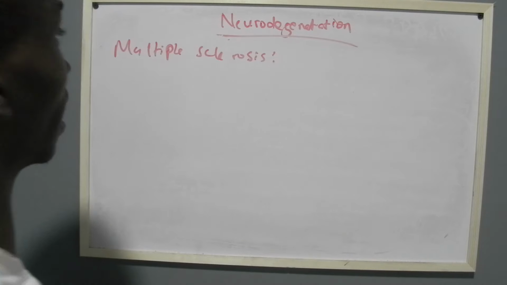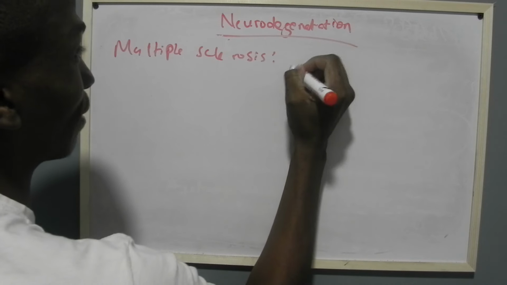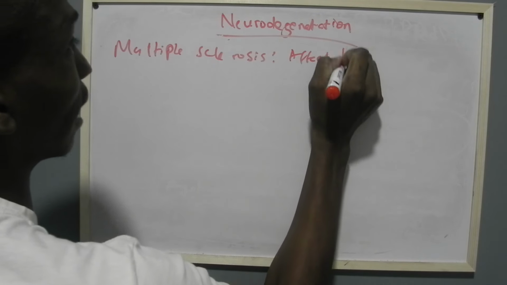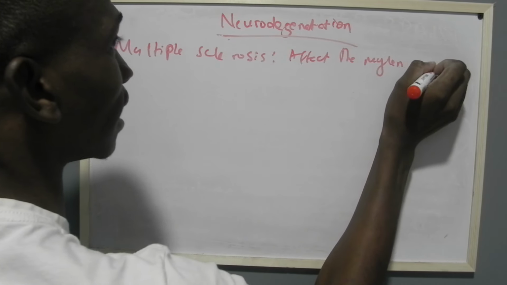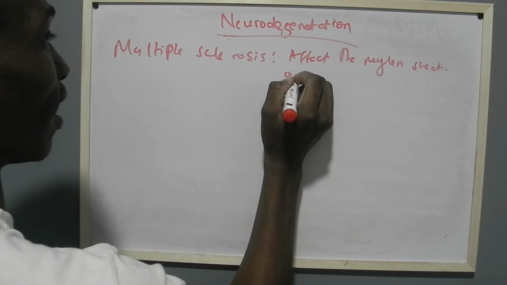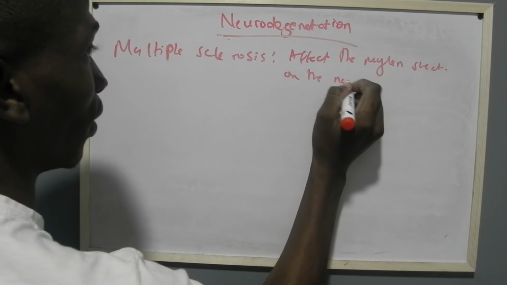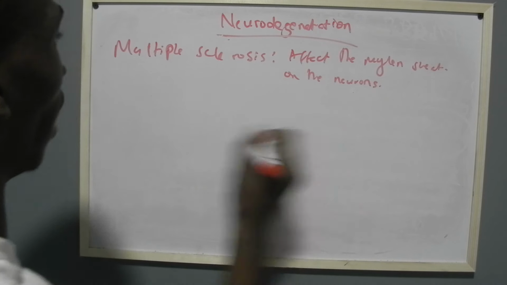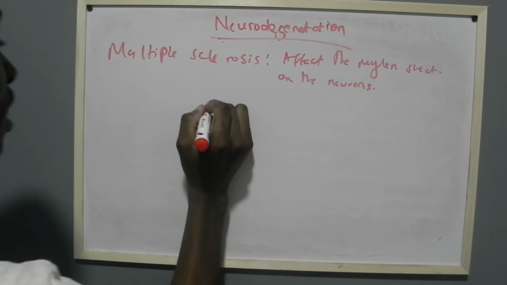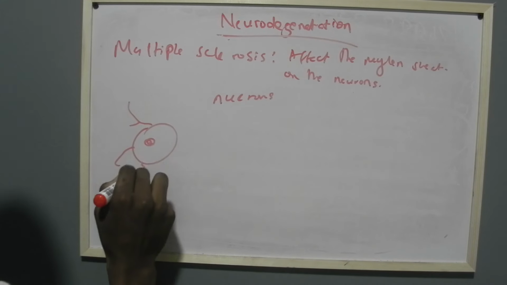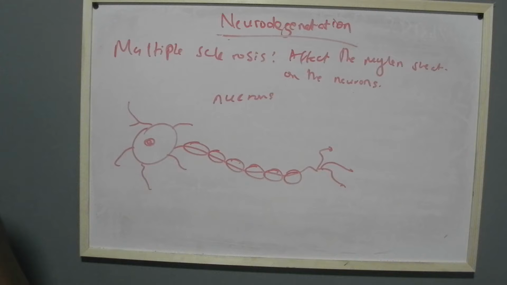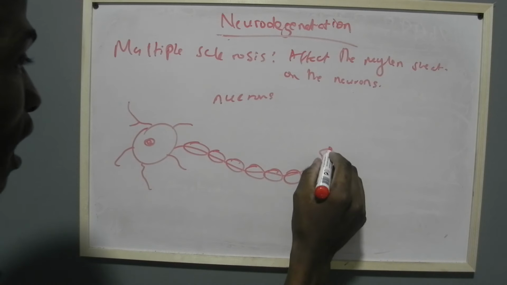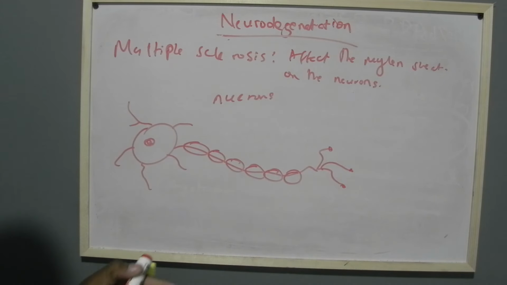Multiple sclerosis affects the myelin sheath on the neurons. The neuron is something like this, this kind of neuron that is found in the brain.